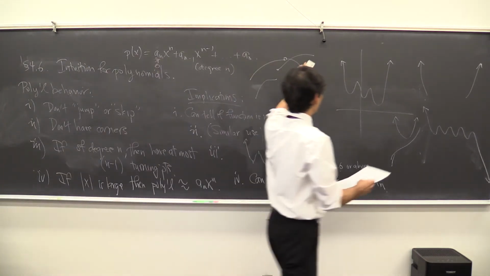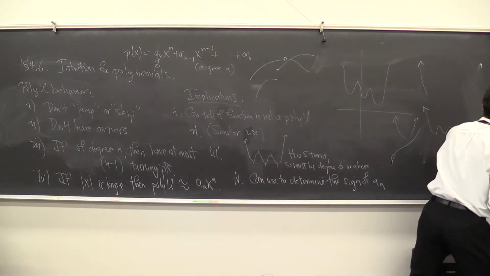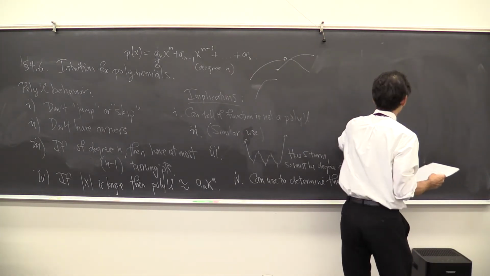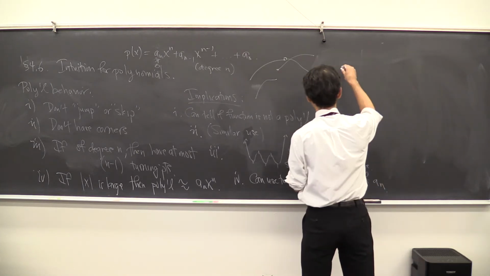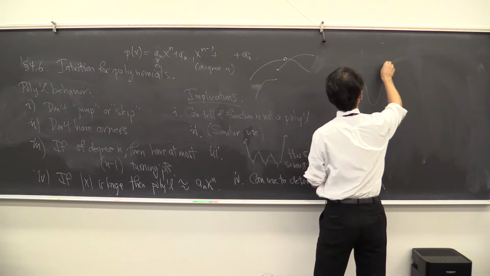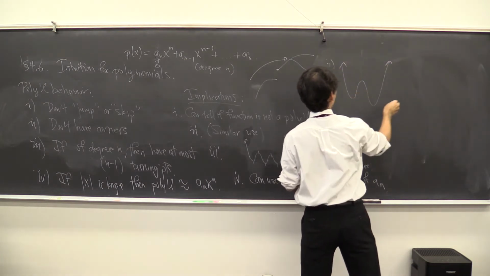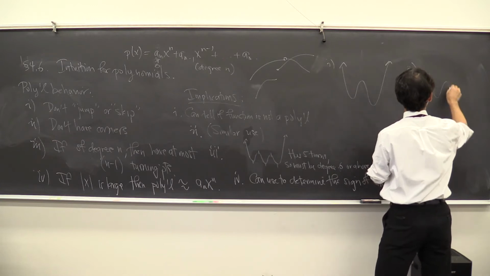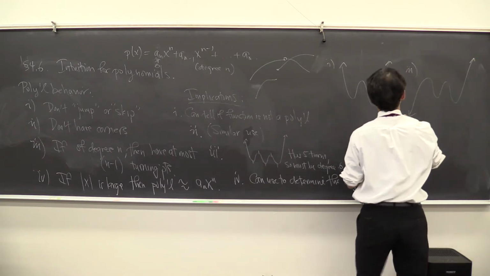So let me put up a couple of examples, and you tell me what you can tell about them. What can you say about these polynomials? Here's the first one. What can you tell me about it? Here's the second one, a little more complicated.